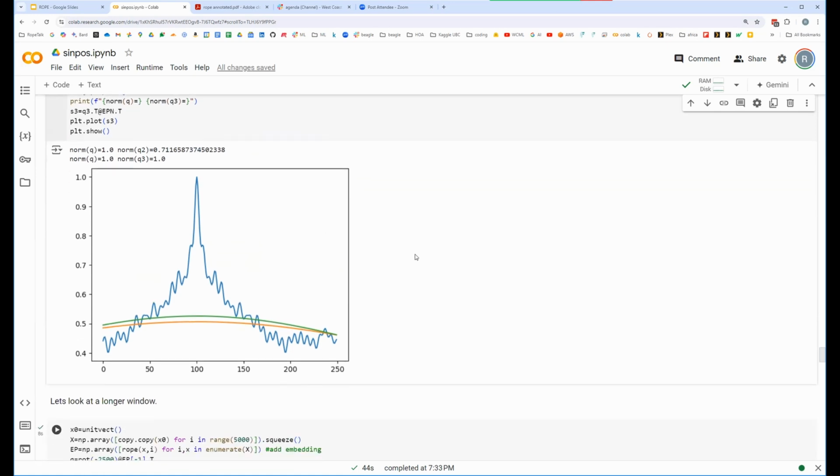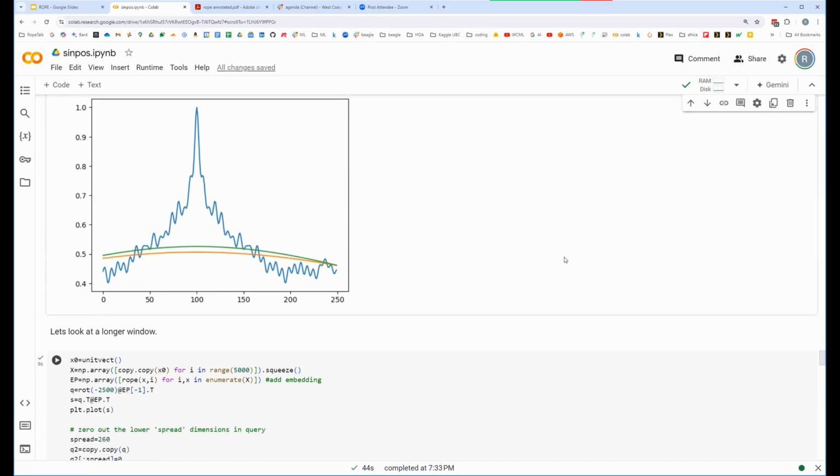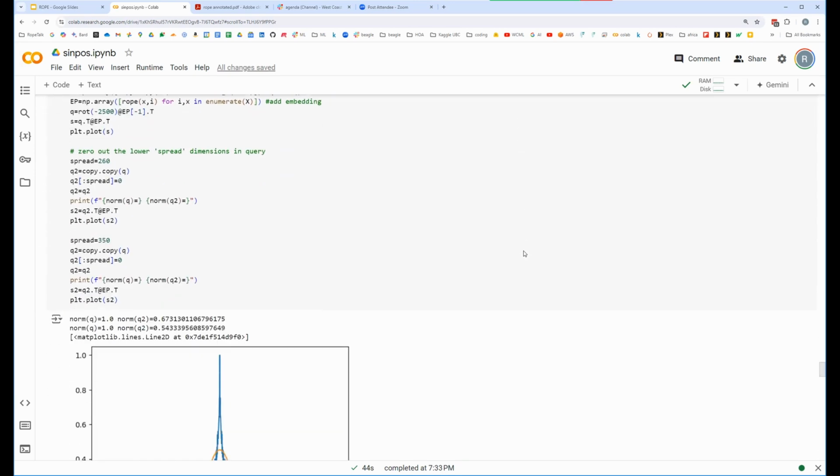You could also do the opposite, I suppose: if we zeroed out not this position, but the higher side, you might be able to make it very position dependent and not semantic dependent. Yeah, which is interesting.